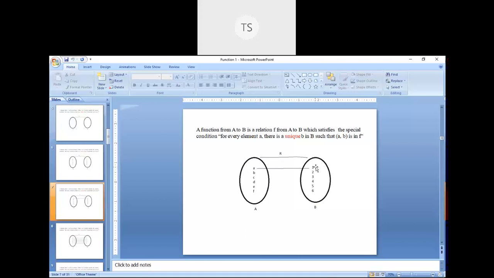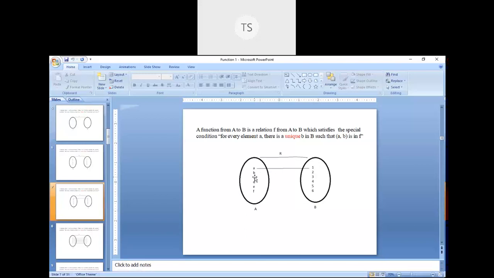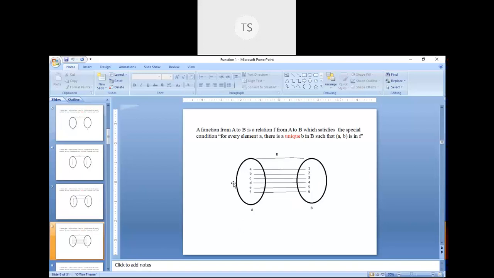Similarly, the image of b is 2, the image of c is 3, d is 4, e is 5, and f is 6. So these are the particular relations of the elements of A with the elements of set B.